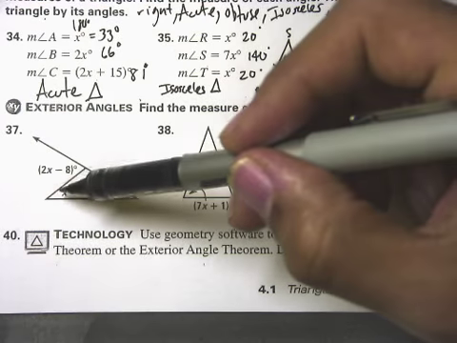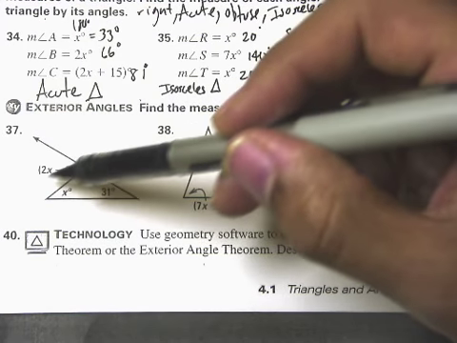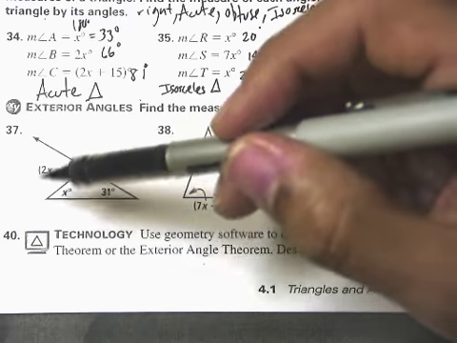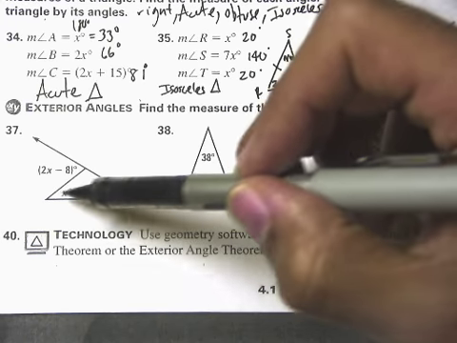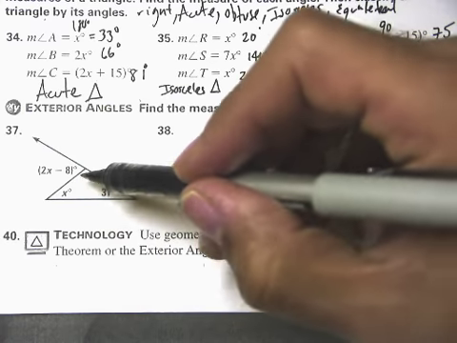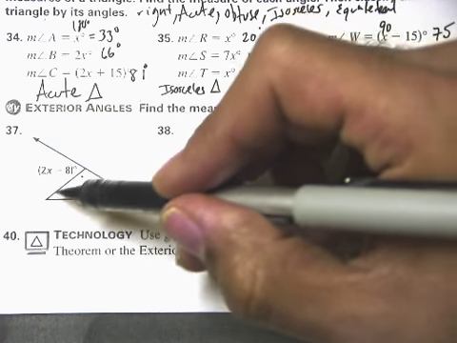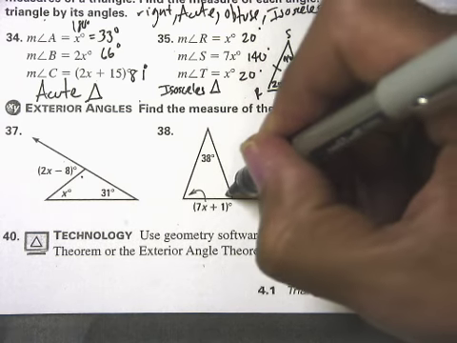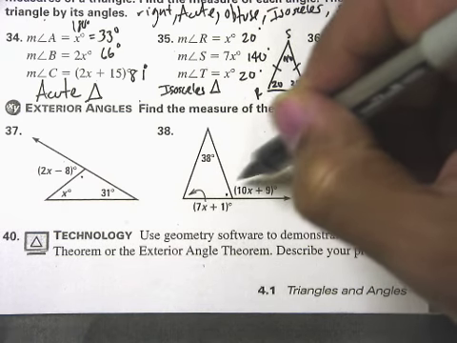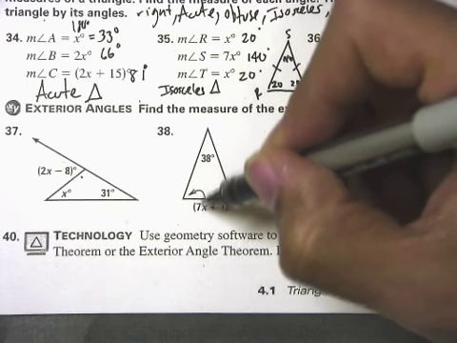They don't denote it by anything, but they want us to find the angle out there. If you remember, the exterior angle of a triangle is equal to the sum of the two non-adjacent angles. These are my two non-adjacent angles. This angle here is adjacent with this one, so these are my two non-adjacent.